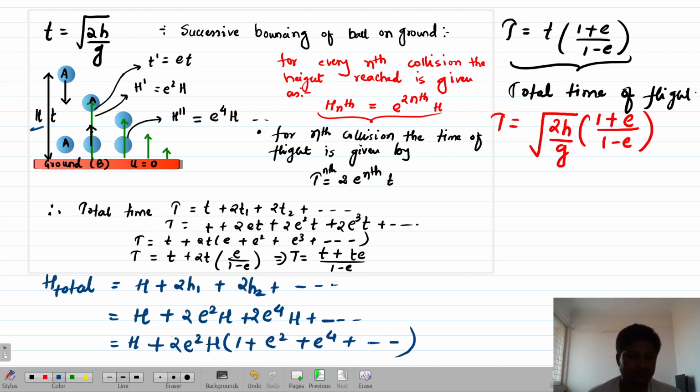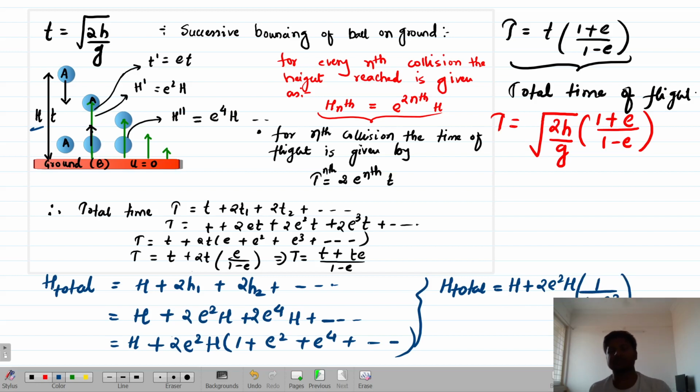Now once again this is 1 plus something. So h total is h plus twice e square h times, it will be just 1 by 1 minus e square, because it is x square form. Is that clear?